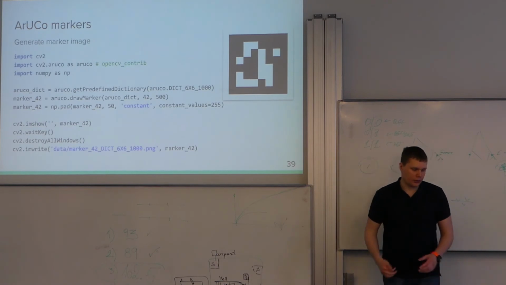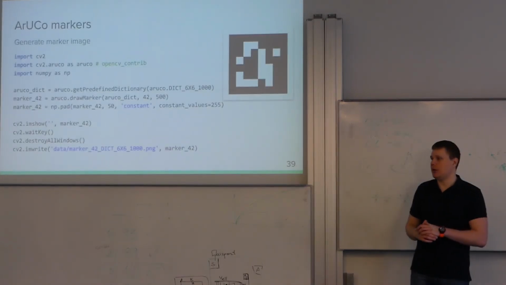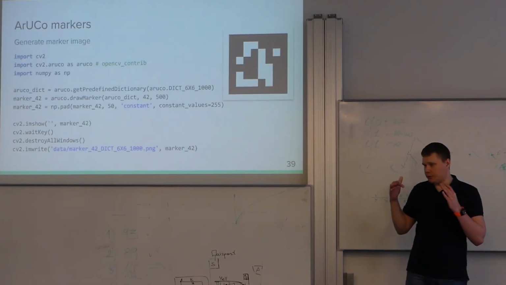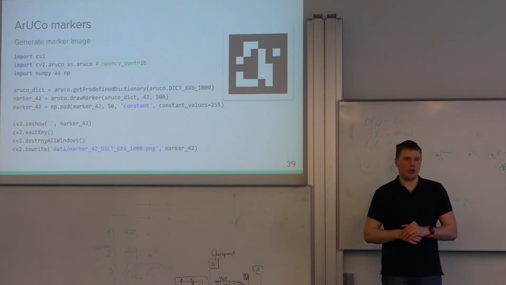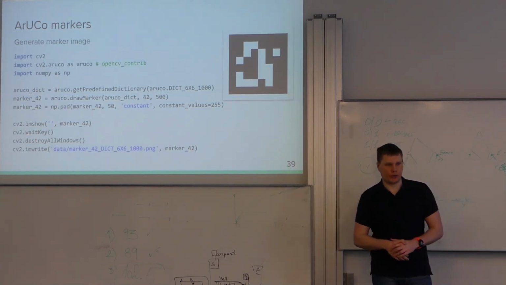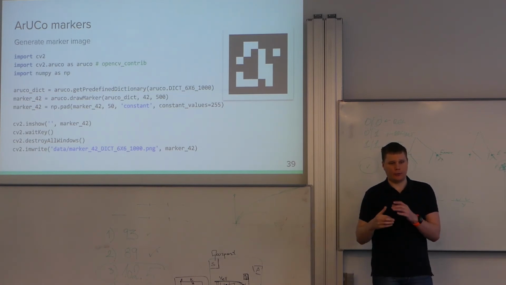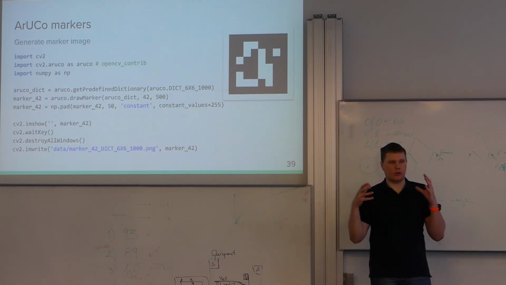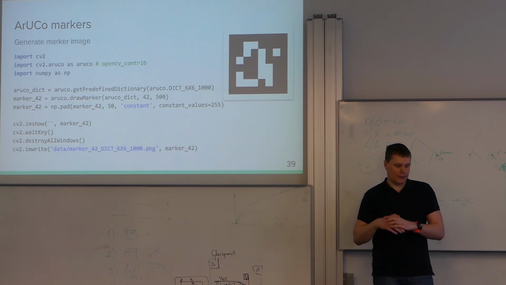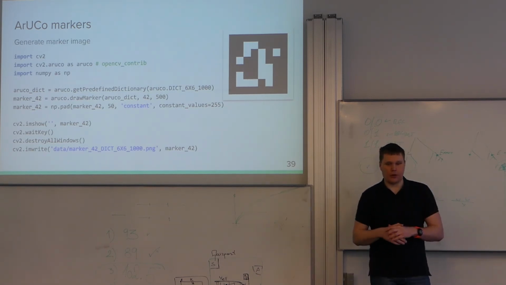So another important thing about 2D to 3D: we can use some special objects which are easy to detect and easy to locate to get this information about position and rotation.